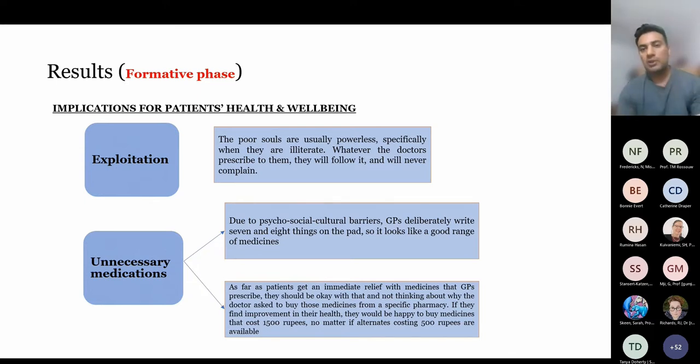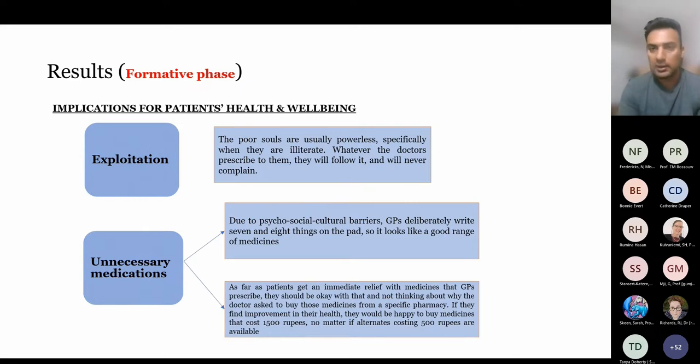So once pharmaceutical incentivization happens due to a combination of factors such as weak health regulation, competition in the pharmaceutical market, and other individual and interpersonal level influences, it generates some negative consequences for patients' health and well-being. On the one hand, a lack of awareness among patients about health and illness can make it easier for GPs to exploit them with incentive-driven prescribing.